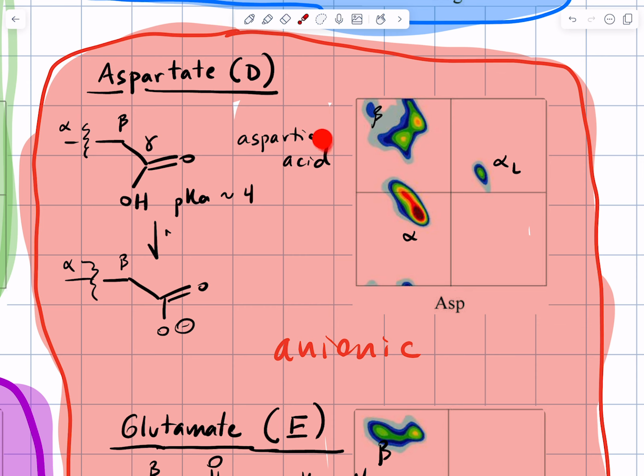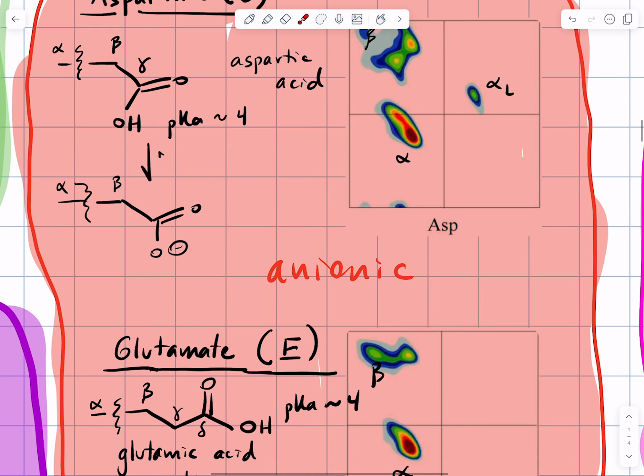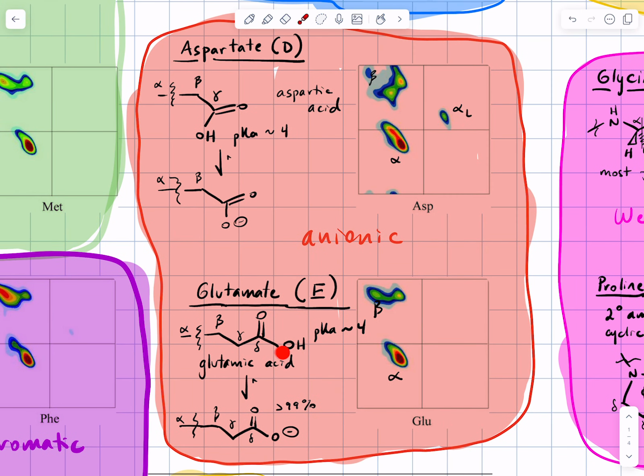In their protonated form, it would be called aspartic acid. And the pKa of the aspartic acid side chain is 4. Same thing with the glutamic acid side chain. The pKa of glutamic acid is also 4. So at physiological pH or pH greater than 4, you expect the majority to be negatively charged.